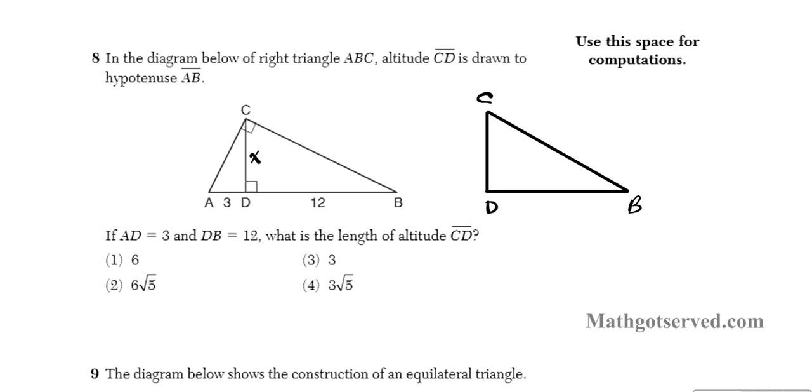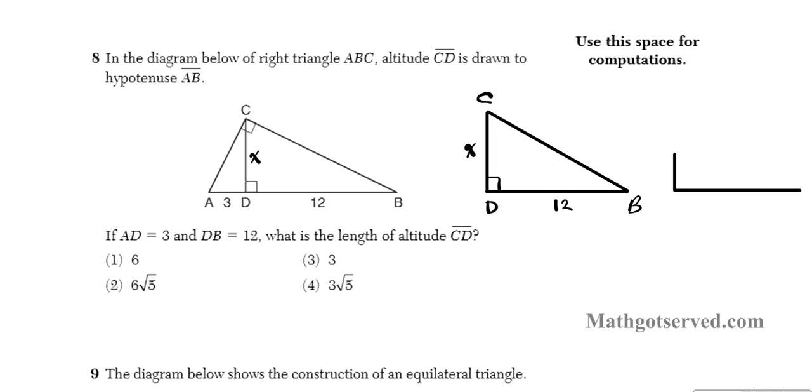All right, this is a 90-degree angle. This is the x we're looking for, and this side right here is 12. We are also given the information of the shortest side of this triangle CDA. But let me orient triangle CDA in the same orientation as triangle CDB so I can identify the corresponding sides and set up my ratio accurately, okay? So I'm going to rotate it around like this.